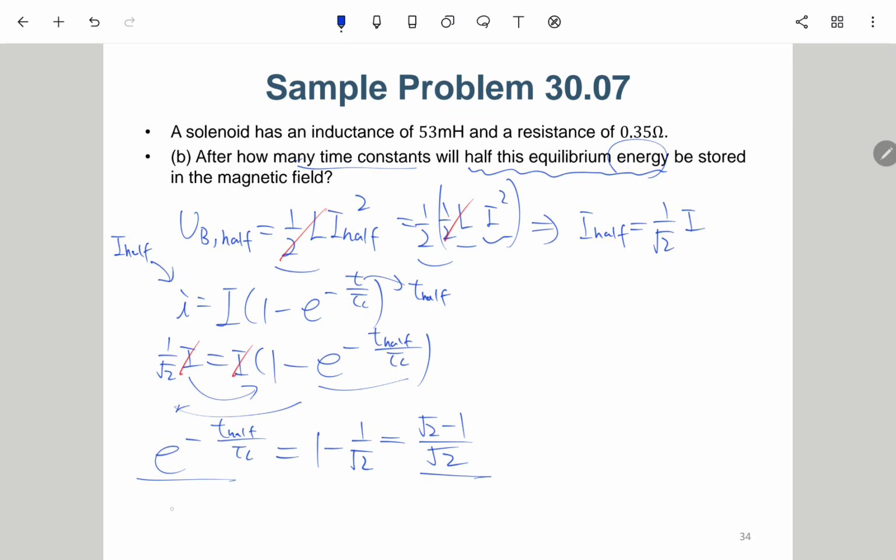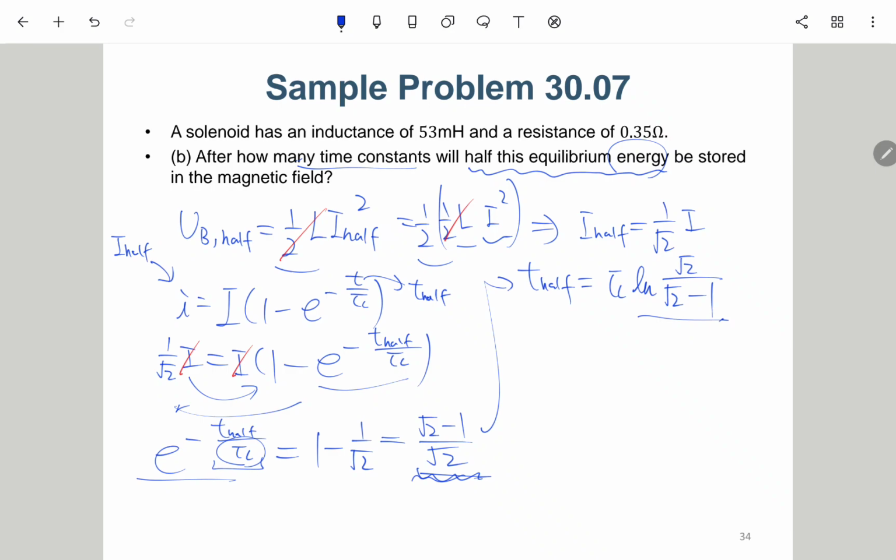So finally we have T/2 equals the natural log of square root of 2 over square root of 2 minus 1, and then we still have this tau L. What we actually did is take the reciprocal and then take the natural log, so it becomes this stuff without the negative sign.